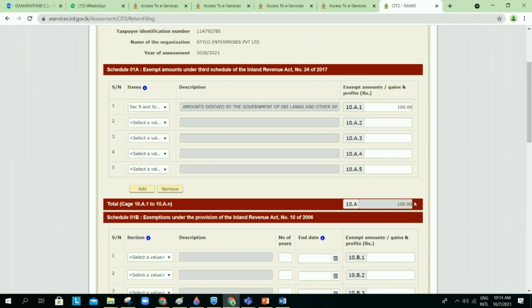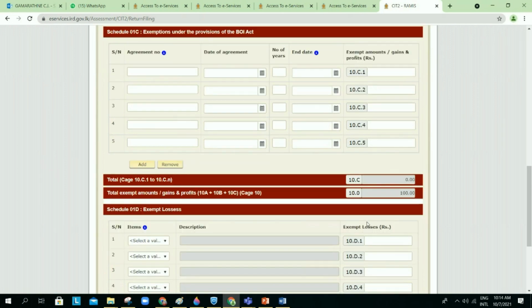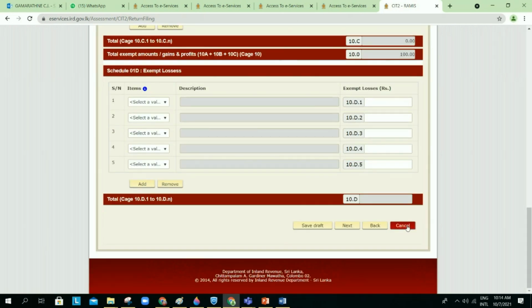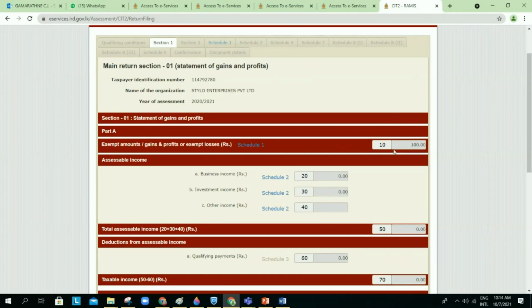Then the gray color cages will be filled by the system. This is also a gray color cage, and when we go to the main return, we can see its related gray color cage. This cage is automatically filled by the system.